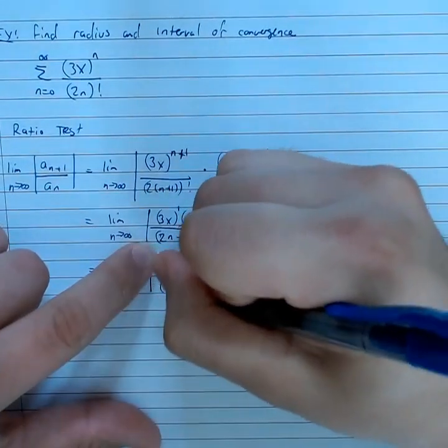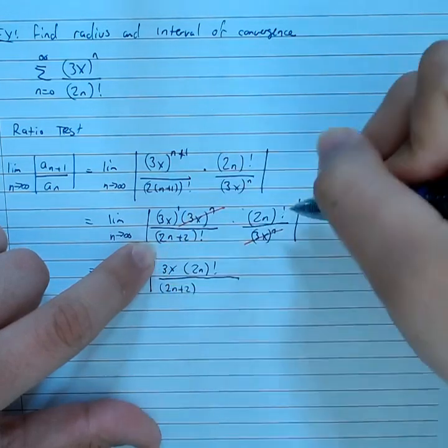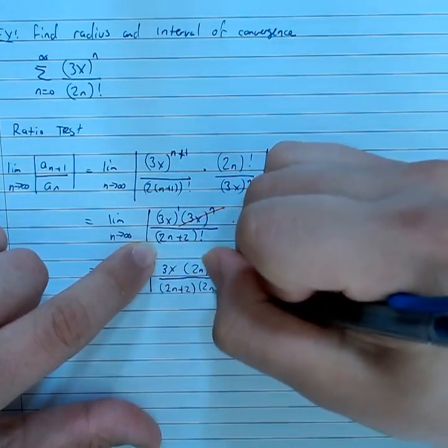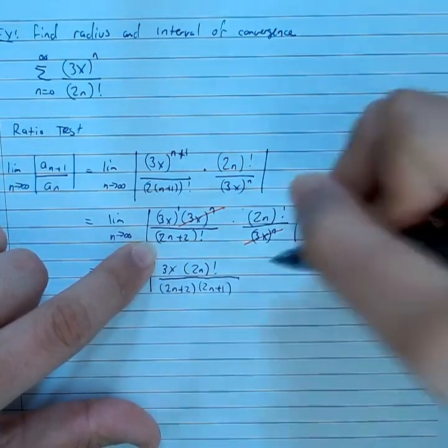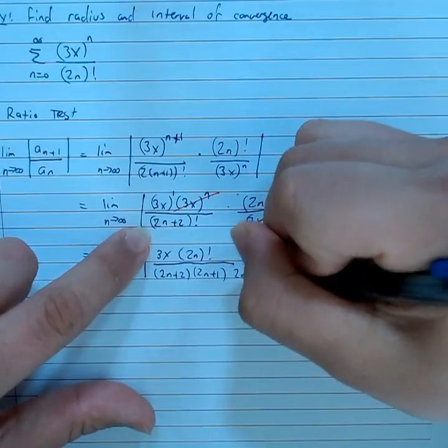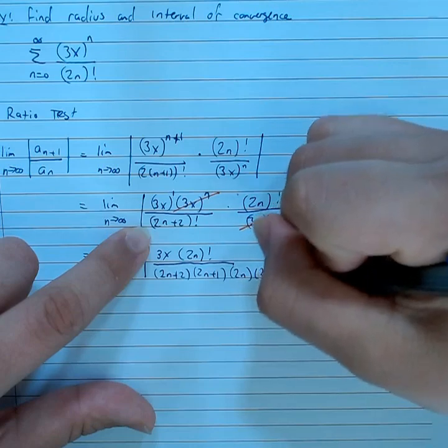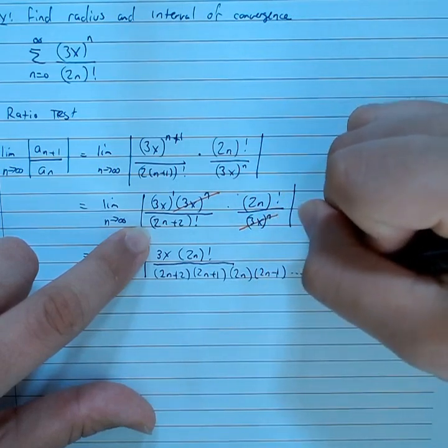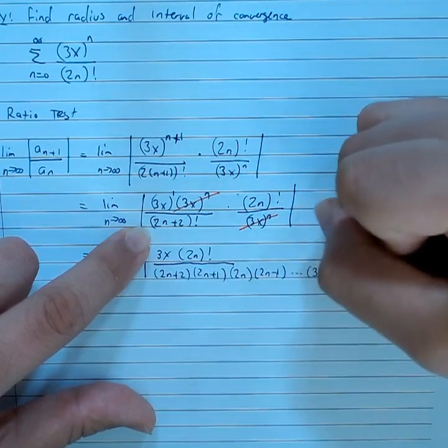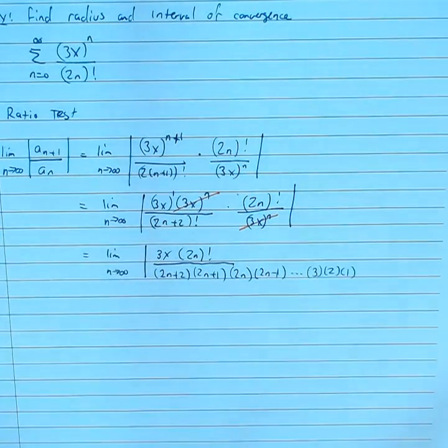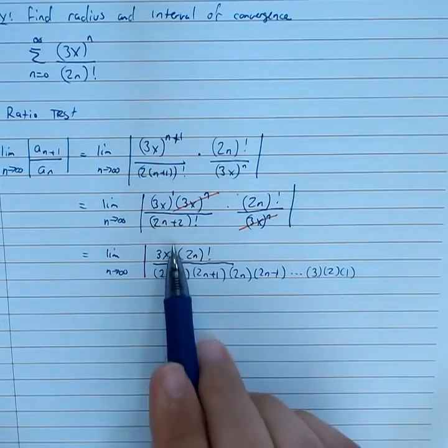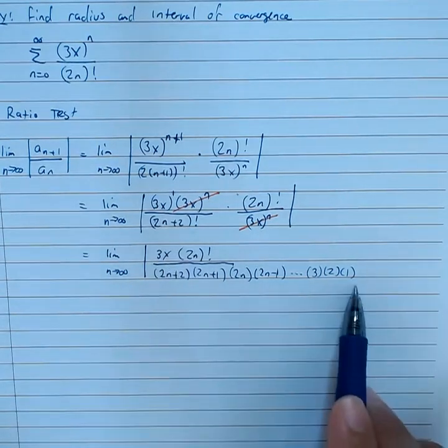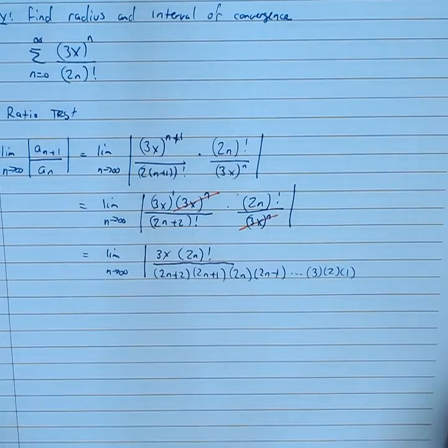That's going to be 2n plus 2. Now count down 1. So that's going to be 2n plus 1. Now count down another one. That's going to be 2n. Now count down another one. That's going to be 2n minus 1. Count down another one, dot, dot, dot, all the way down to 3, and eventually 2, and eventually 1. That's how factorials work. You start from that number and start counting down one at a time until you reach 1 and multiply them all together.